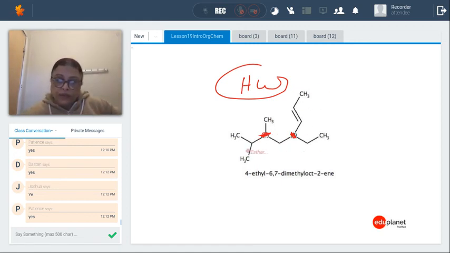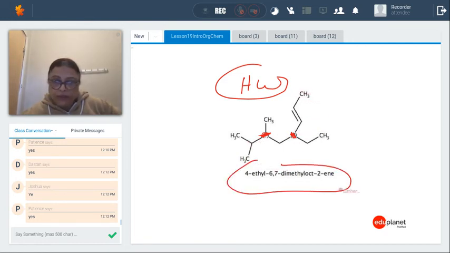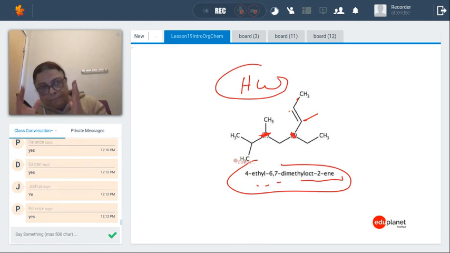Okay, so you have here a molecule that is branched with a double bond. Try to understand why it is called oct-2-ene, 1, 2. Always the longest chain must include the double bond.